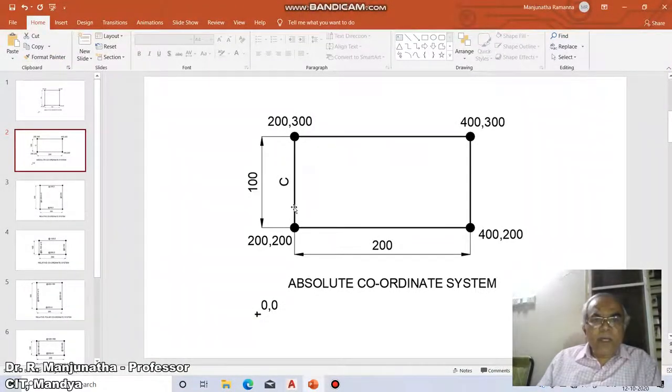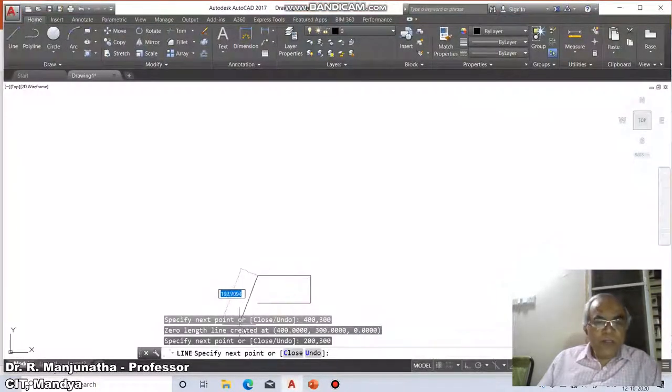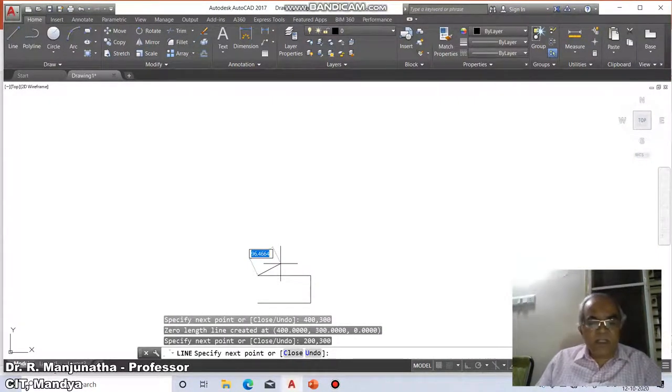Now we have to come back by another 100 mm in the direction opposite to the UCS y-axis. It is already at 300, so 300 minus 100 becomes 200, and there is no increment in the direction of the x-axis, so it will remain the same as the previous point. Or we can also use one more option, which is close. It always closes the last point to the starting point of the sketch.